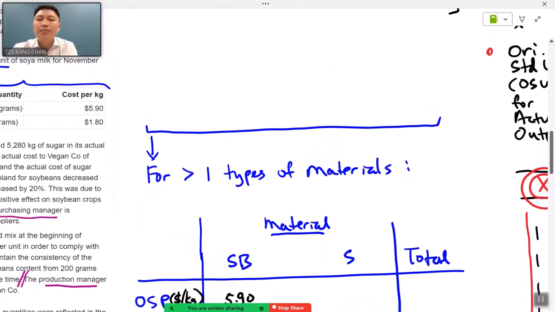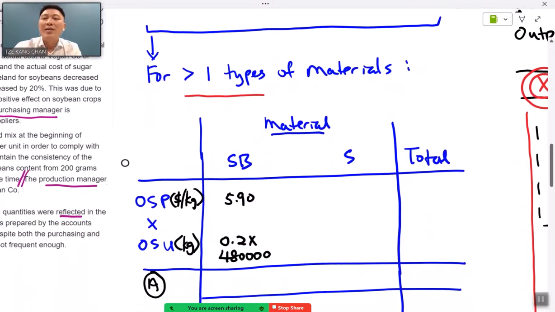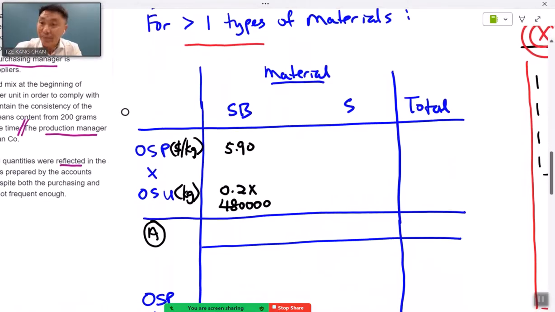As such, the following template is applicable for businesses or exam questions that come with more than one type of material. So the template will look in this manner.